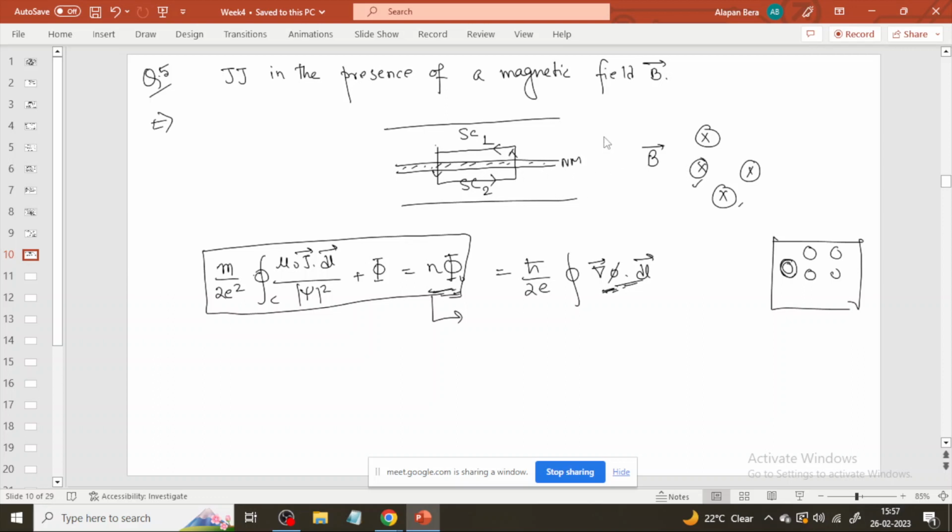Now let's say the width of this normal metal region is given by t effective, and also the path is at a certain distance that is given by lambda, the penetration depth.